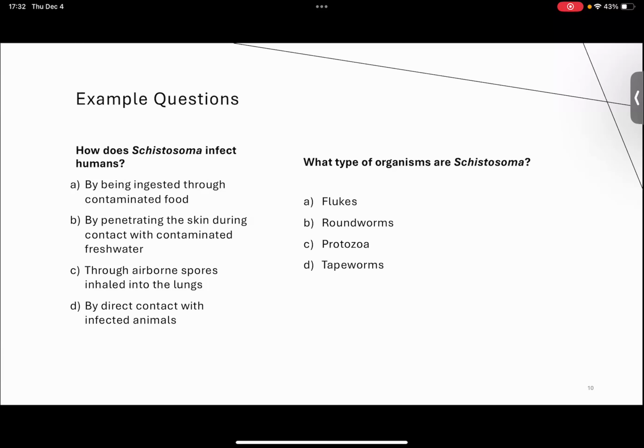What type of organisms are schistosoma? This type of question is a pretty common type of question that you will see on my final exam from Unit 4. What type of organism is schistosoma? It's a fluke. What are flukes also known as? They are not going to be nematoda, those were our roundworms.